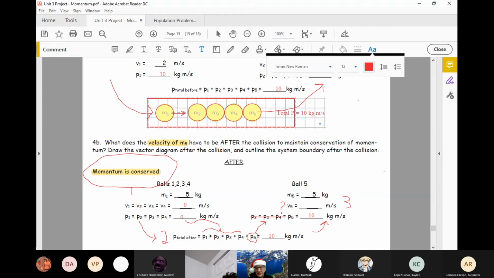Let's see, whose turn is it? Looks like it's Andres's turn. So Andres, I want you to remember, if P equals m times v, and we want to find v, don't we just divide both sides of the equation by m to get v by itself?